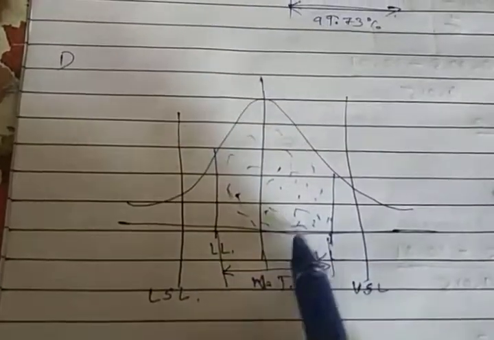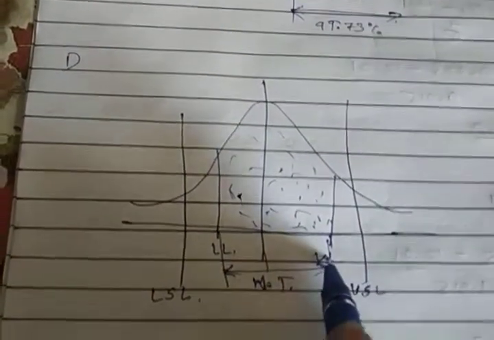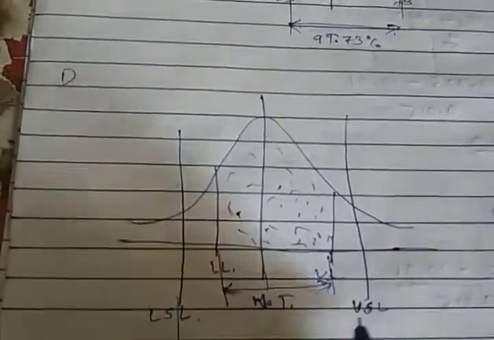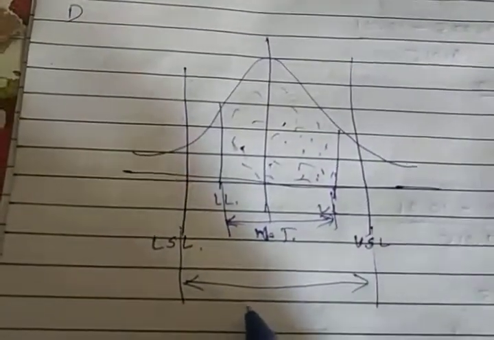This is the natural tolerance, and these are the upper and lower specification limits, which is what a designer specifies.